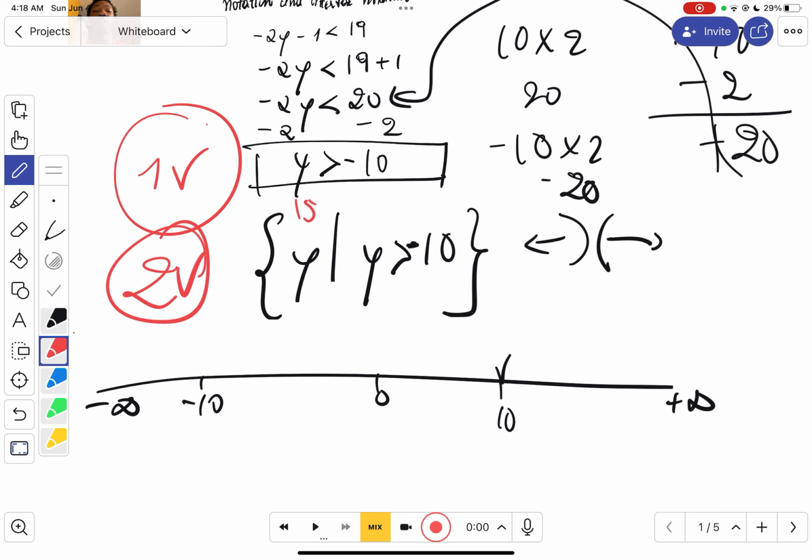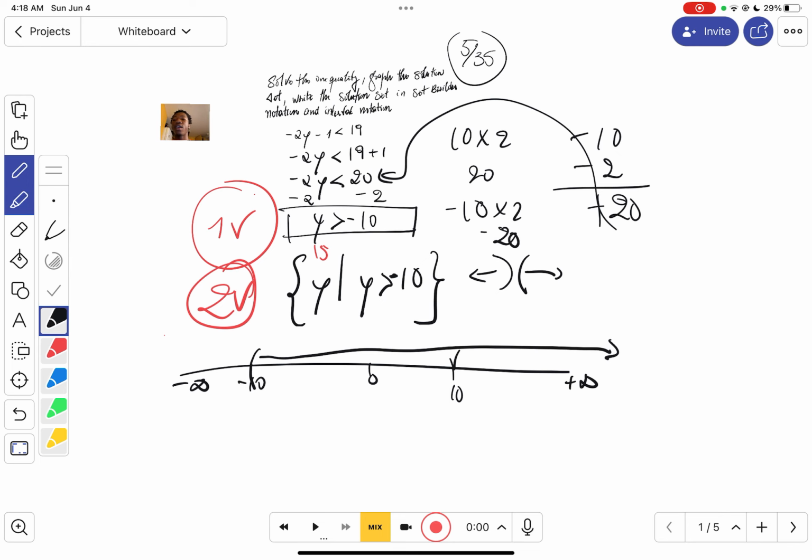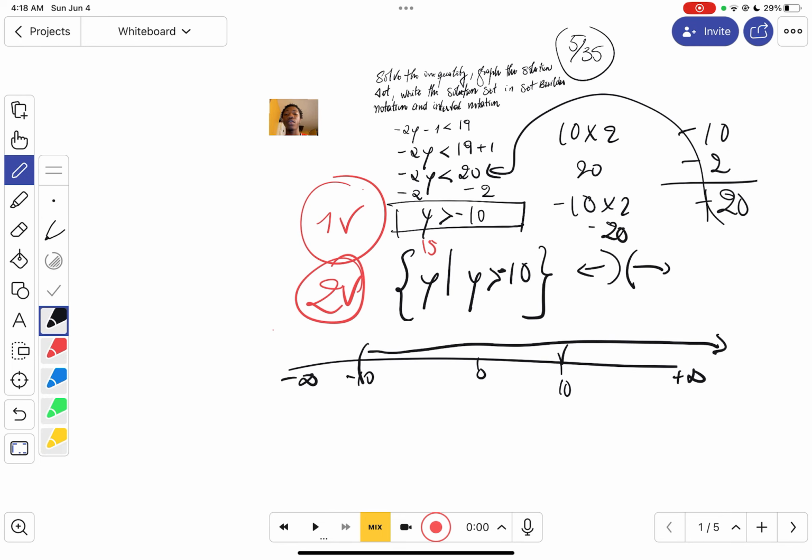That's the graph. Did they ask you for the graph? Yeah, graph the solution. So that's step 3 of your problem. It said to graph it, so you just graph it. You put your number line, you put the number that you're dealing with, and you test numbers on the number line to verify the inequality.